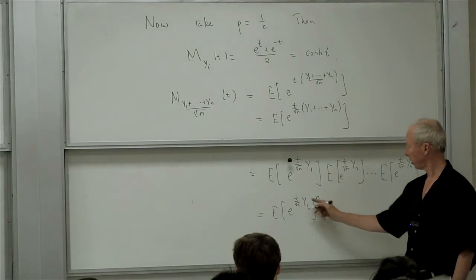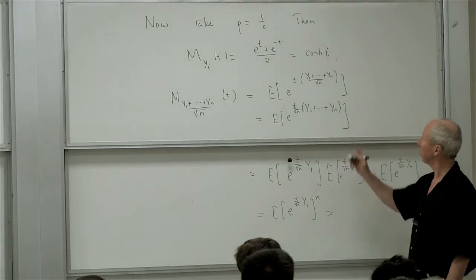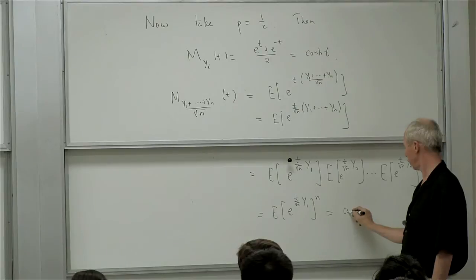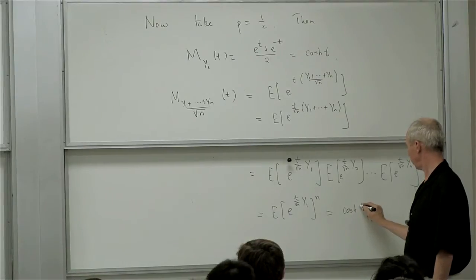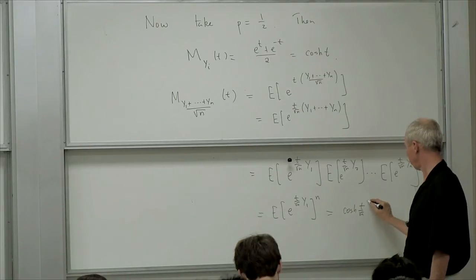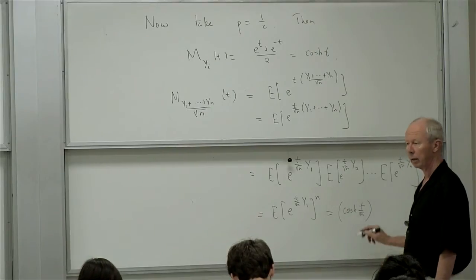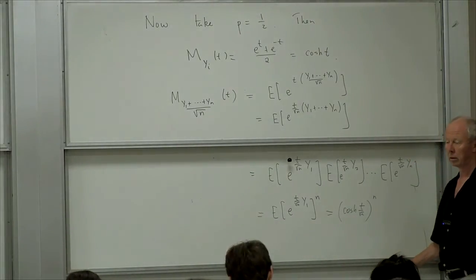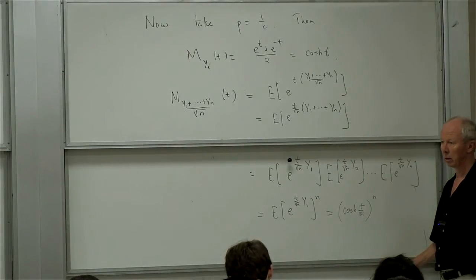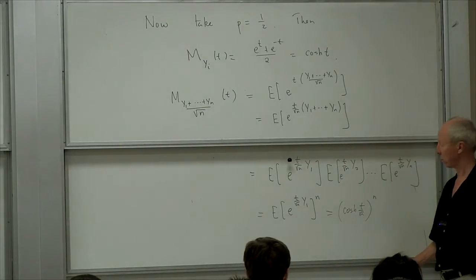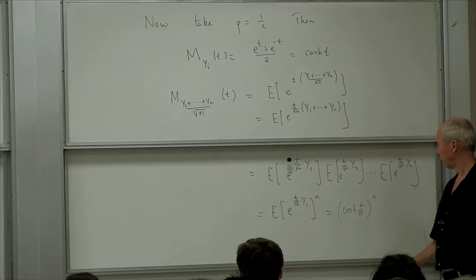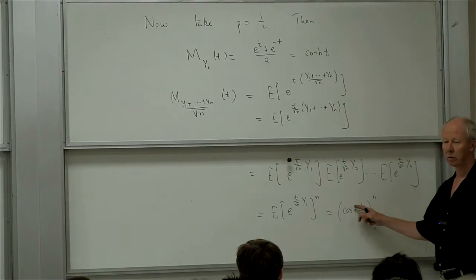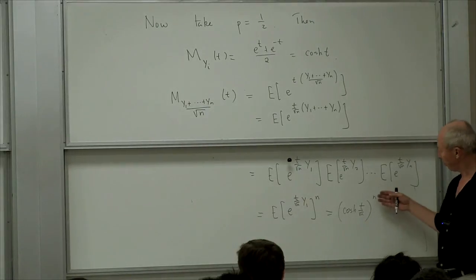And what is this one before we raise it to the nth power? Well, it's a hyperbolic cosine at t over root n. And then we raise that to the nth power. And what is this thing inside doing as n goes to infinity?